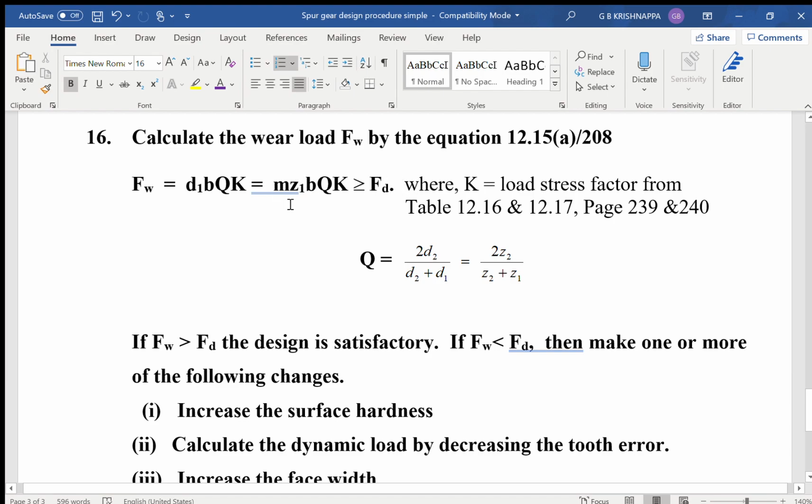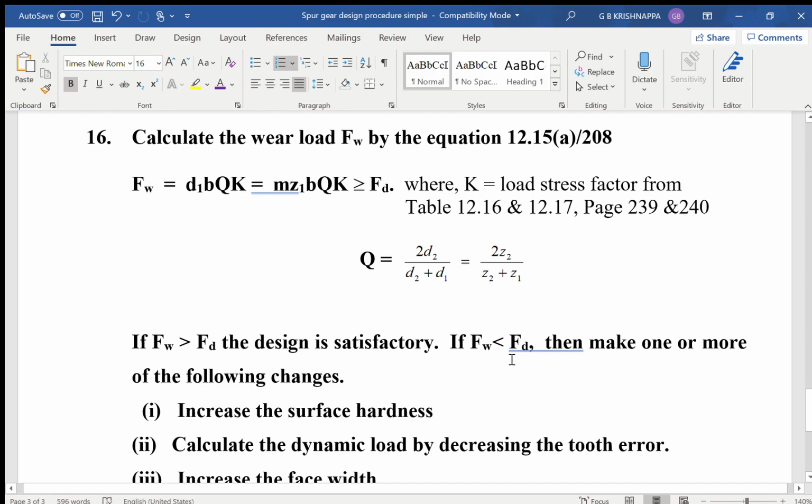So m into Z1 is nothing but D1, pitch circle diameter of the pinion. K is the load stress factor, which can be obtained from table 12.16 and table 12.17, page 239 and 240. Q is the ratio factor, which is given by 2 d2 by d2 plus d1, that's equal to 2 z2 divided by z2 plus z1. If Fw is greater than Fd, the design is satisfactory.